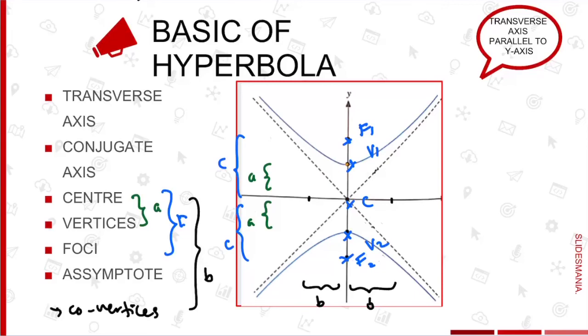From our vertices, go to the right and go to the left as much as distance B. Then connect the edges to make a square. Then connect these two corners, making sure it goes through the center, and then extend the line.